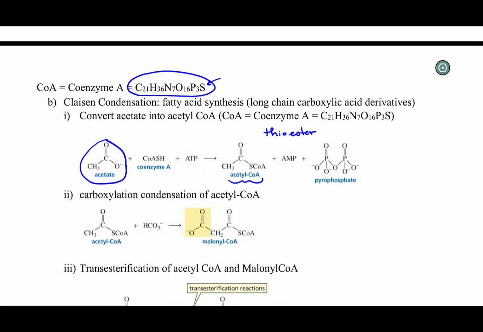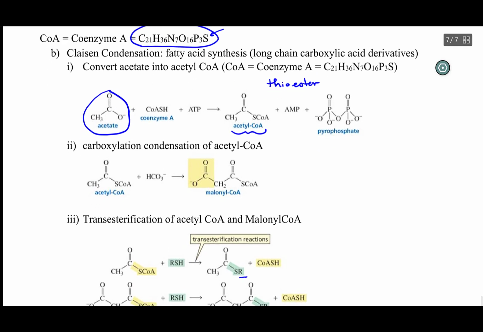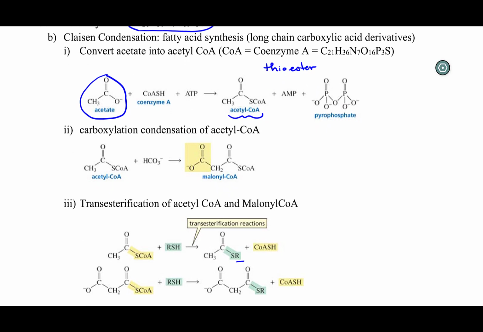It utilizes the energy from ATP, adenosine triphosphate, and breaking a phosphate oxygen bond actually. It goes from ATP to AMP, adenosine monophosphate, and this is pyrophosphate. It's actually a diphosphate that comes off when that process takes place. And so that's how acetyl-CoA is made.